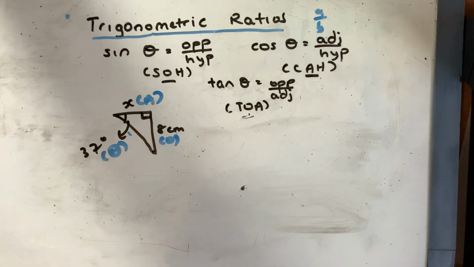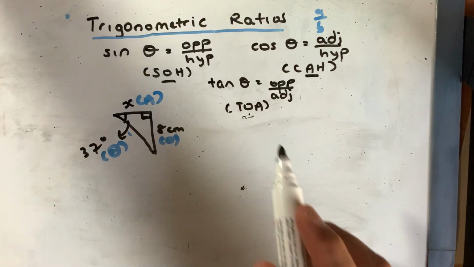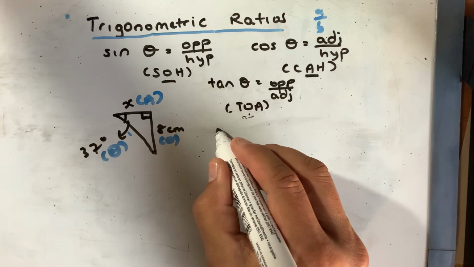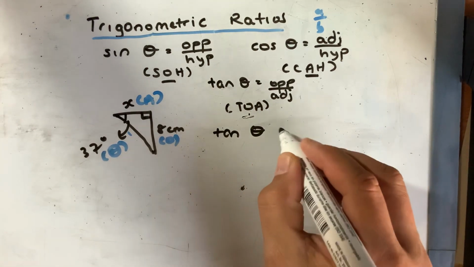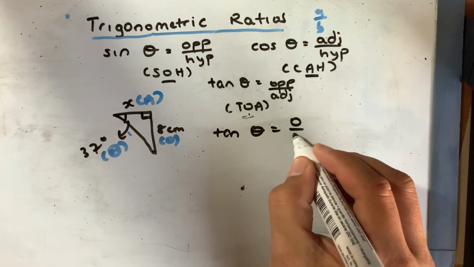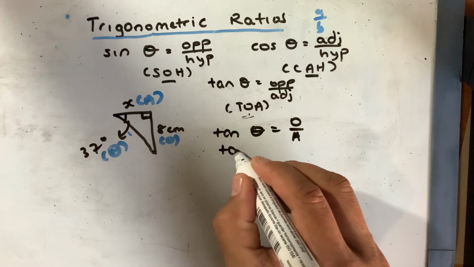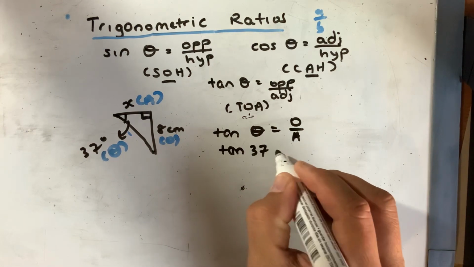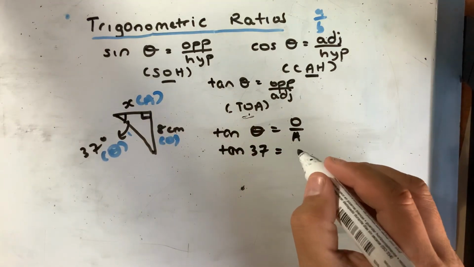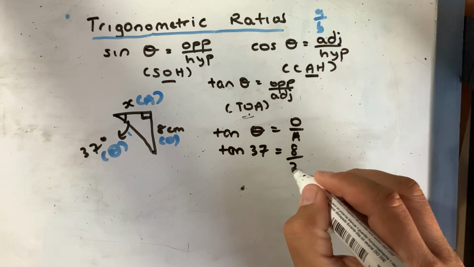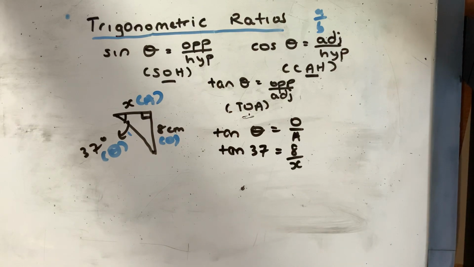So now we have O and A. Again, we have to use TOA. So tangent theta equals O over A. That's the formula we use. So instead of theta, we're going to put in 37 there, tangent 37. O is 8 and A is X. Again, X is at the bottom.